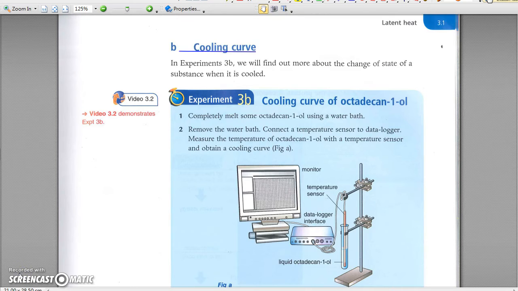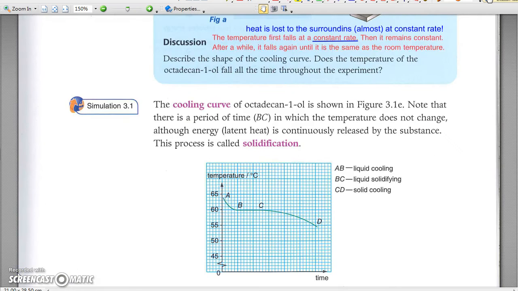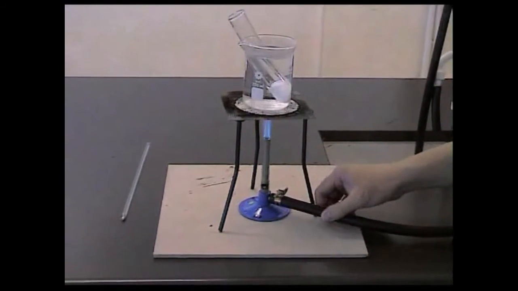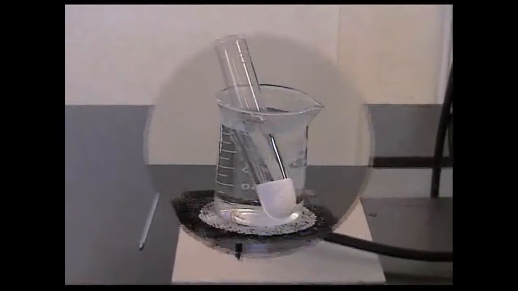B. Cooling curve. The experiment continues by allowing the test tube of octadecan-1-ol to cool down. Melt some octadecanol in a boiling tube by heating it in a beaker of hot water.